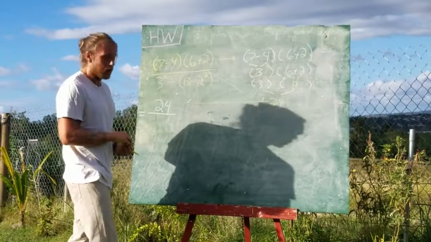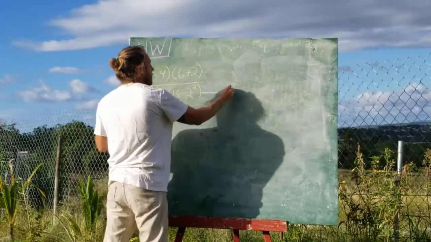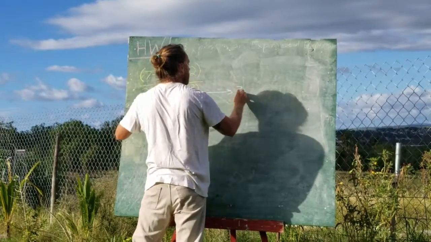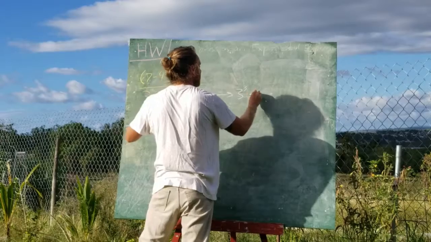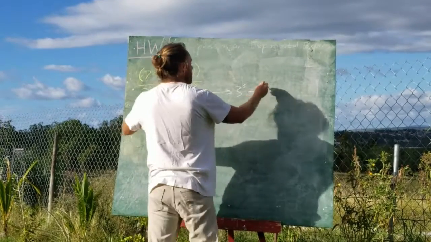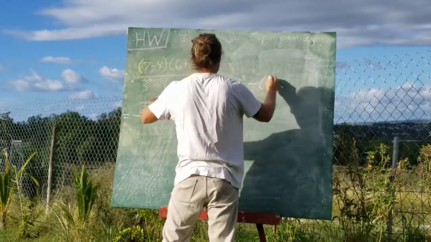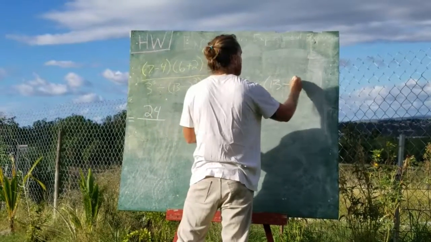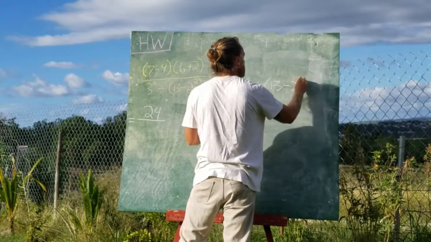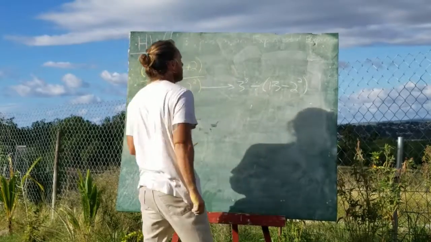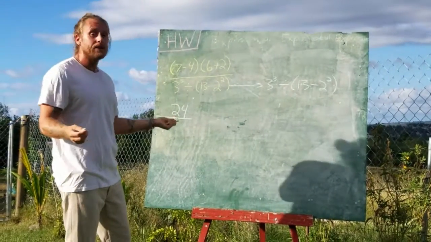Now let's go ahead and work with the denominator. Okay, we have 3 to the third divided by parentheses 13 minus 2 squared. Okay, grouping symbols first.